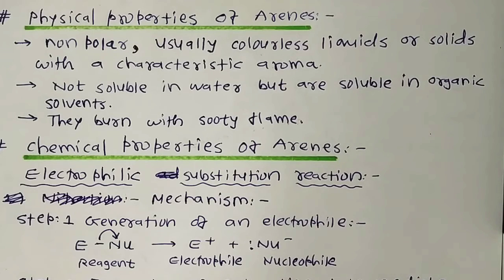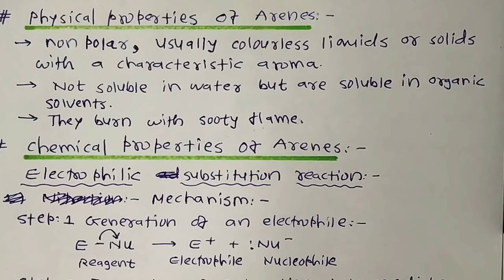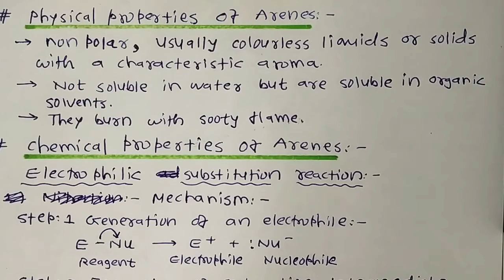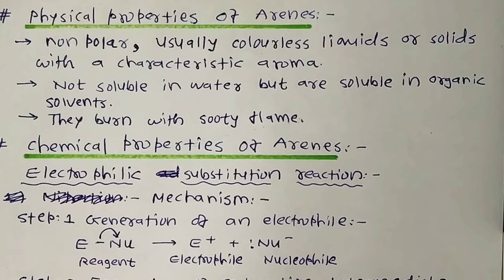In our textbook, six different types of substitution reactions are given. Number 1, nitration. Nitration means we add a nitro group to benzene with removal of hydrogen. In the same way, if we introduce SO3H, it's sulfonation, and halogenation, likewise fluorine, chlorine, bromine and iodine, but mainly chlorine and bromine, so it's called chlorination and bromination respectively.